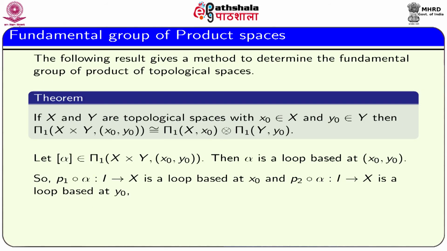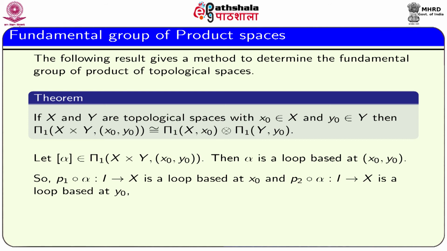To prove this, we take a point, the class of alpha, from the fundamental group of X cross Y based at (x0, y0). This alpha is a loop based at (x0, y0).